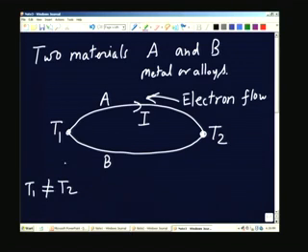Suppose the temperature T1 is less than T2. The electrons are moving here like this, and in this case they will be moving in the opposite direction. So, in the case of flow of the electrons in this direction, heat is either absorbed or rejected.